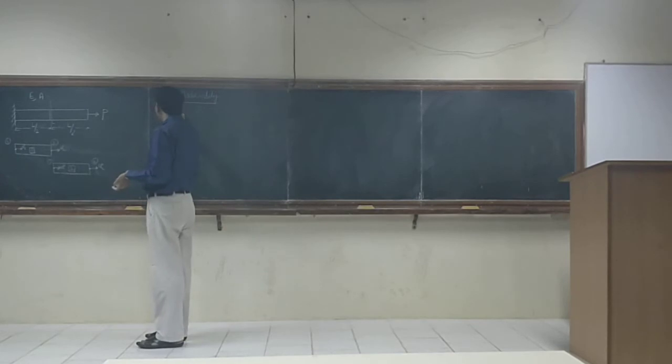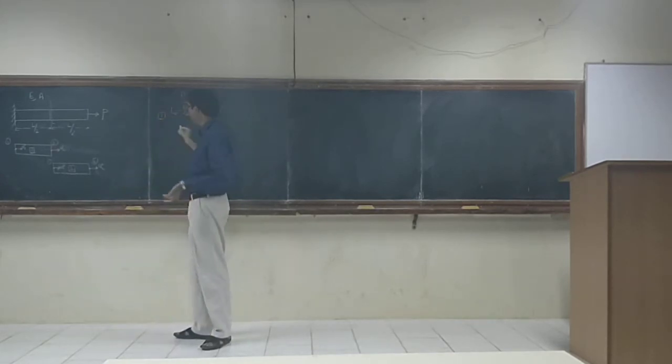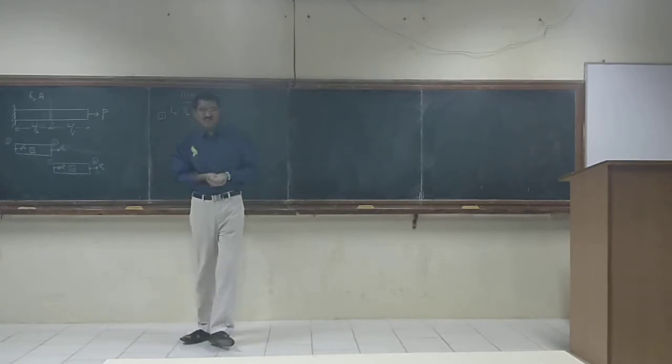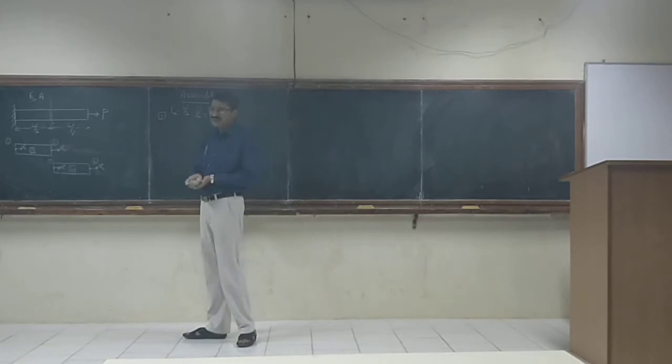L, the length of the element, is equal to L by 2. So for this, Ke for element 1 is equal to, what is it here?